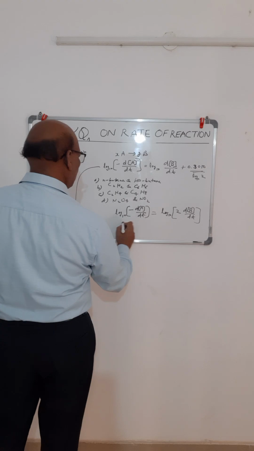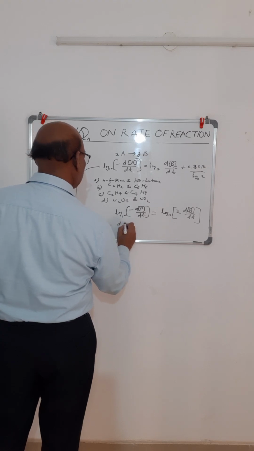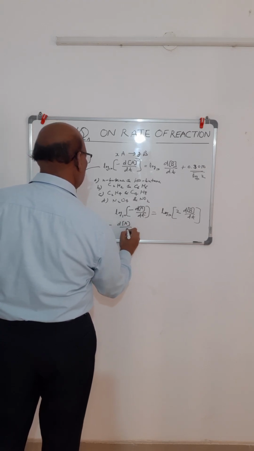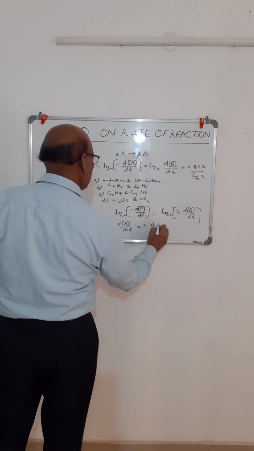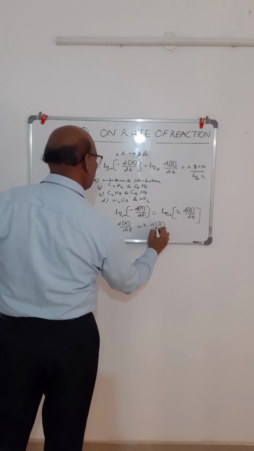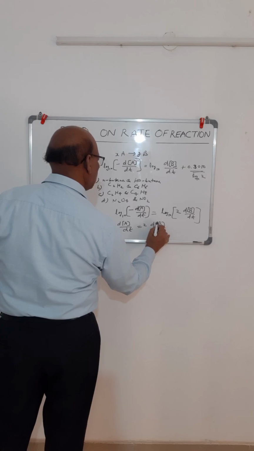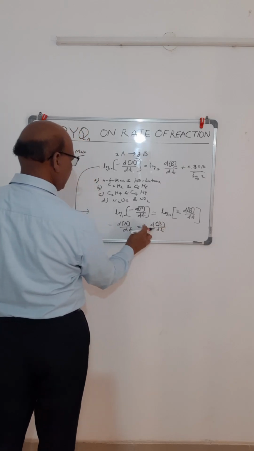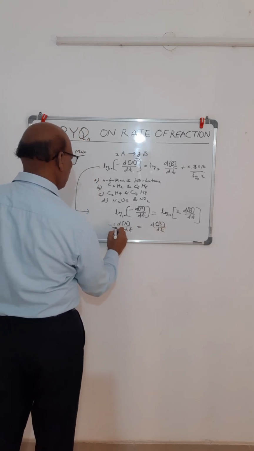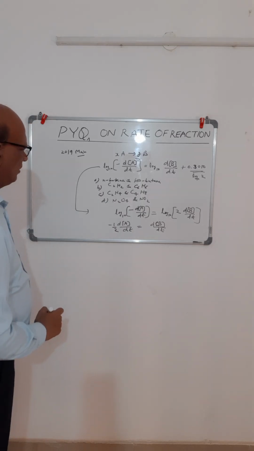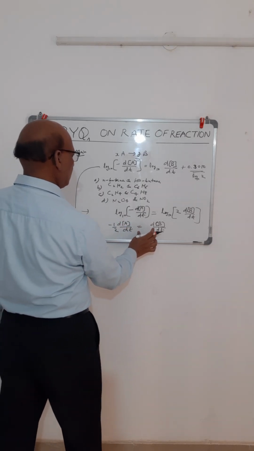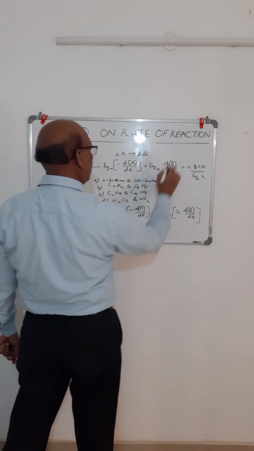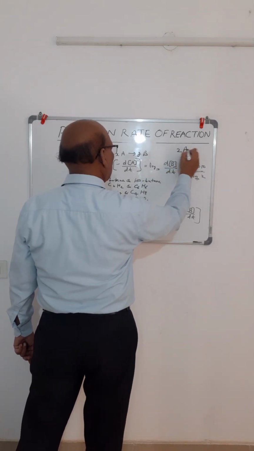Now log is cancelled out from both sides, so we get minus dA by dt is equal to 2 times dB by dt, and if I take 2 here, minus 1 by 2 dA by dt equals dB by dt, which is nothing but the rate of reaction for a reaction 2A gives B.